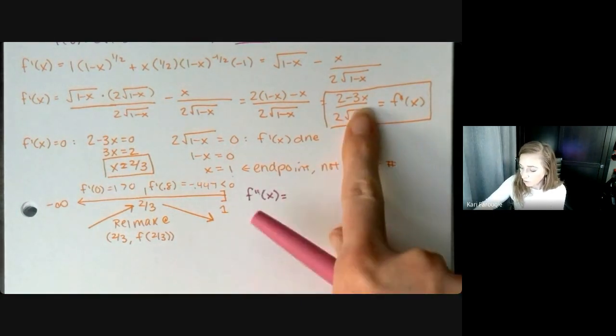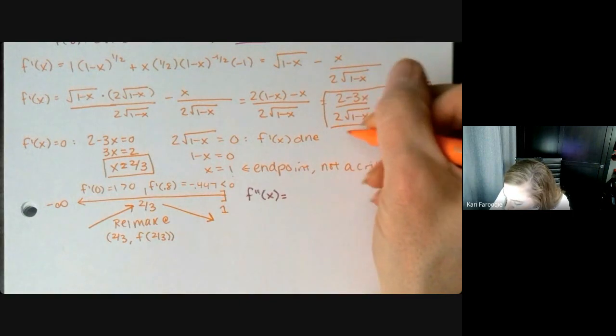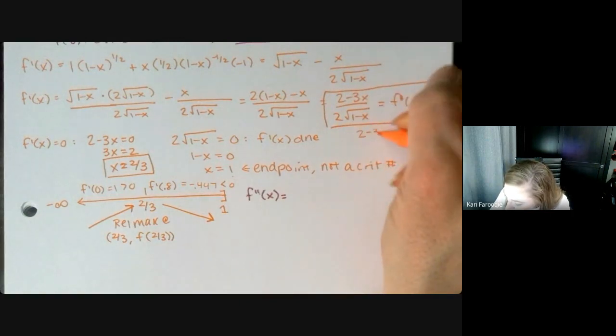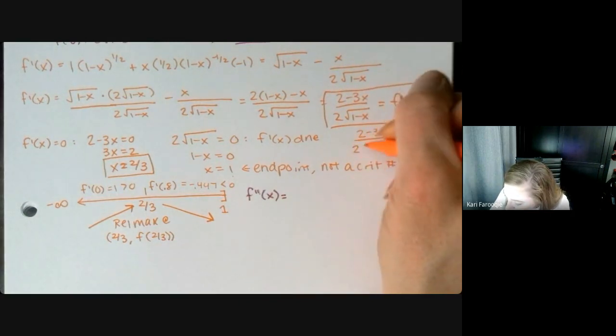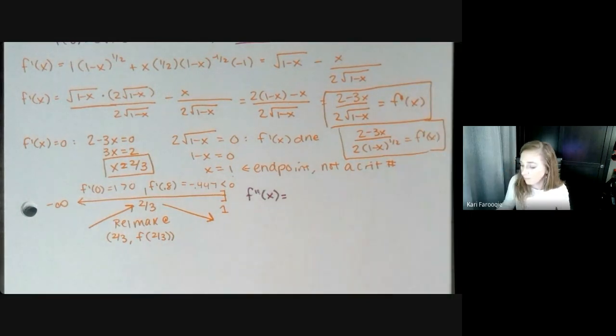If you want to rewrite it with a rational exponent, you might want to do that. We'll say it's 2 minus 3x divided by 2 times 1 minus x to the 1/2 power. And that's your f prime.